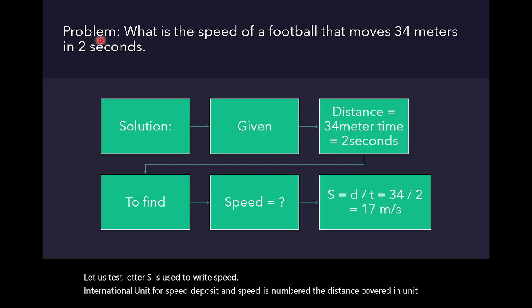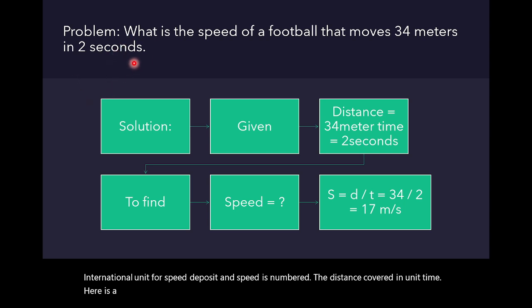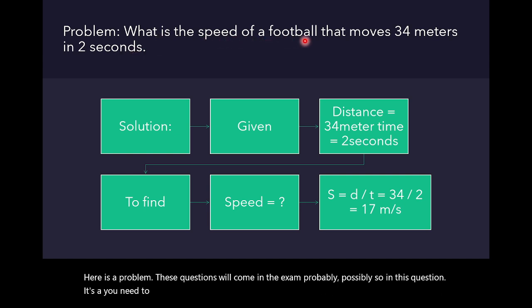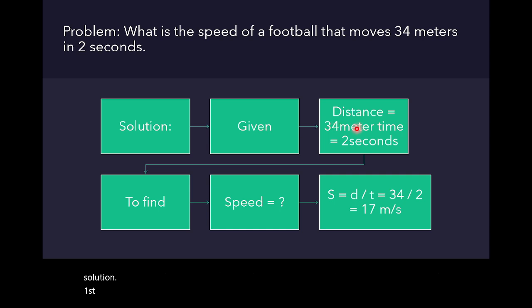Here is a problem. These questions will probably come in the exam. In this question, you need to find the speed of a football that moves 34 meters in 2 seconds. So here is the solution. Distance and time are given in this question.